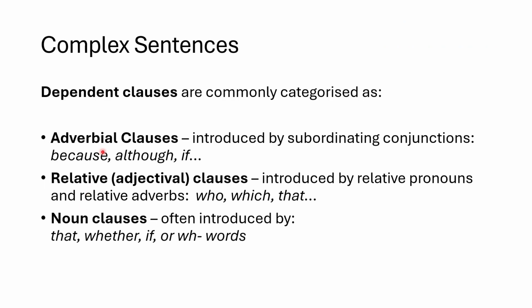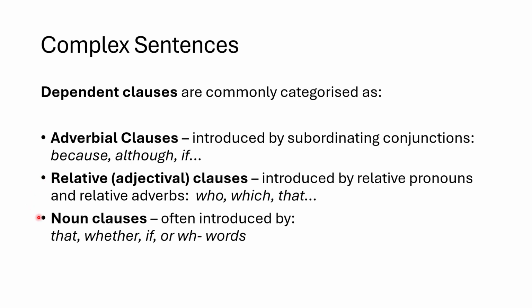Dependent clauses are commonly categorized as adverbial clauses, introduced by subordinating conjunctions such as because, although, if. Relative clauses, also known as adjectival clauses, which are introduced by relative pronouns and relative adverbs such as who, which, that.